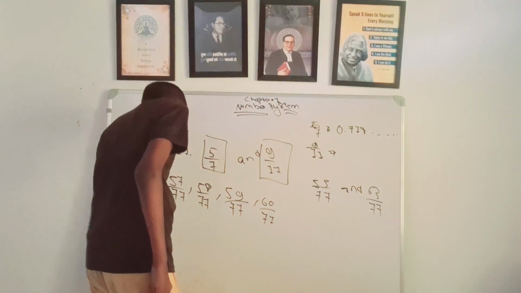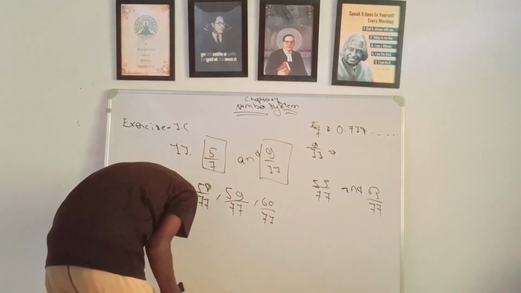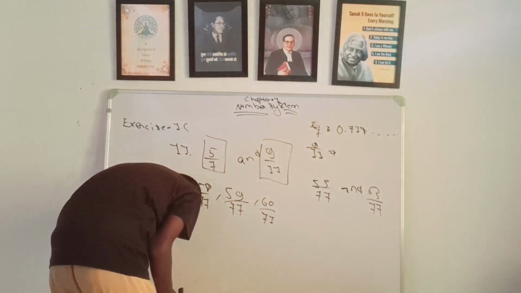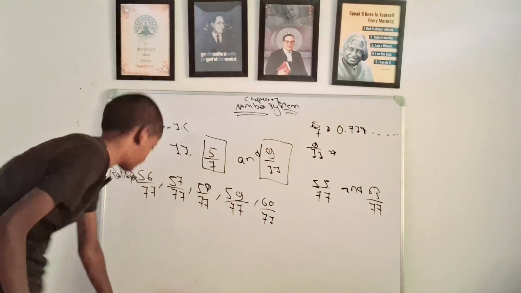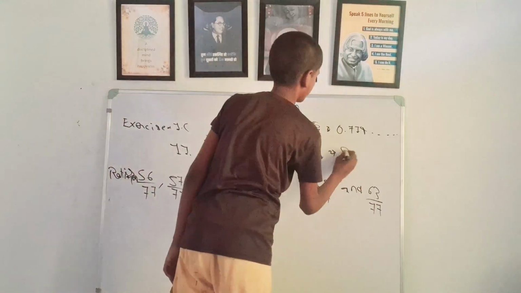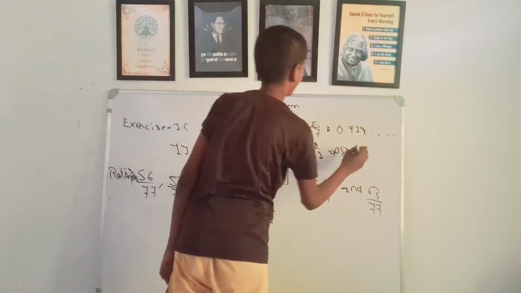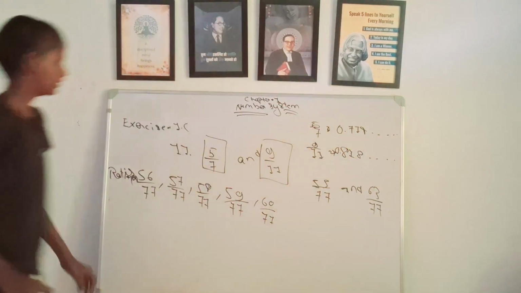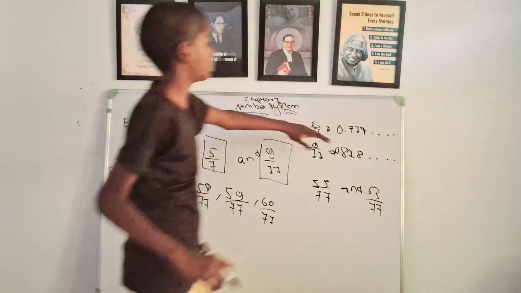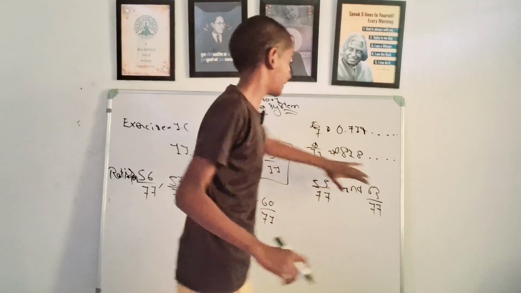The value of 9 by 11 is 0.818 dot dot dot. So we have 0.714 and 0.818.